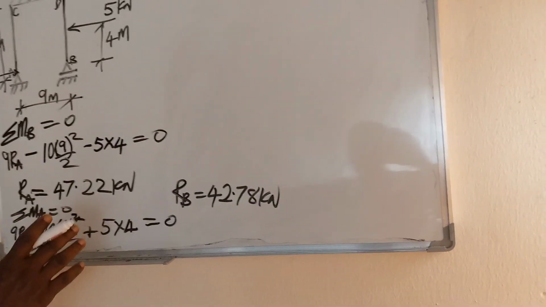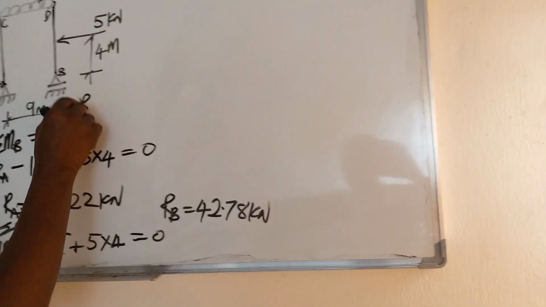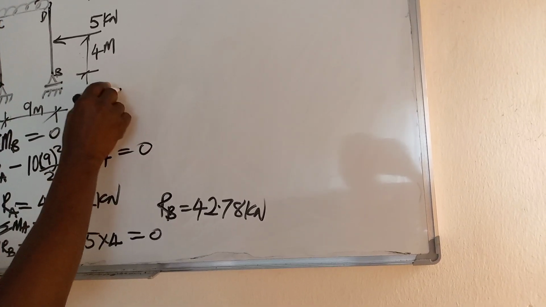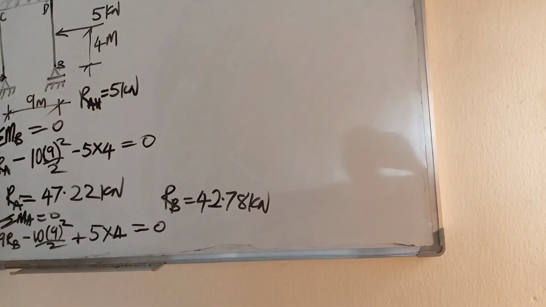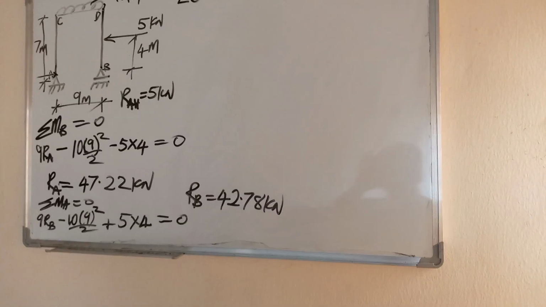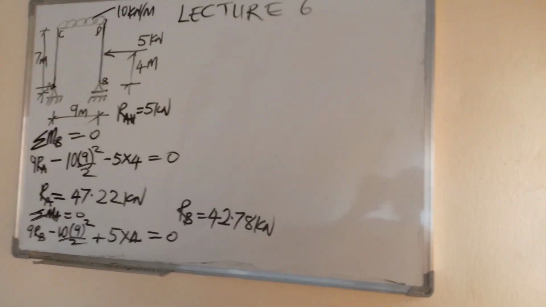So I've been able to get the two reactions. Then the horizontal reaction at A is equal to 5 kilonewton, against the horizontal load, for the system to be in equilibrium. So we've been able to get the reactions here.